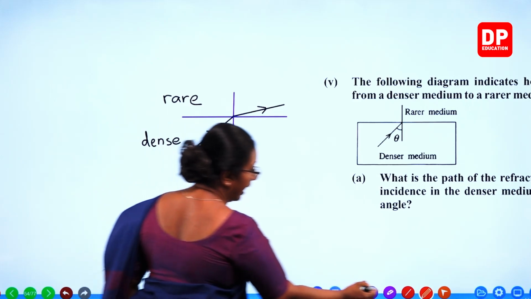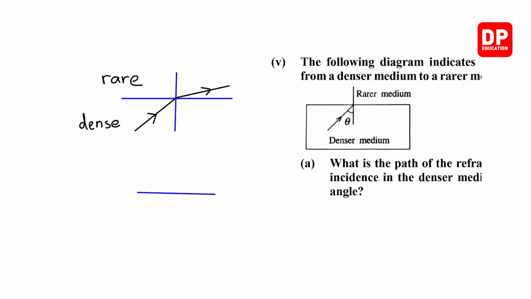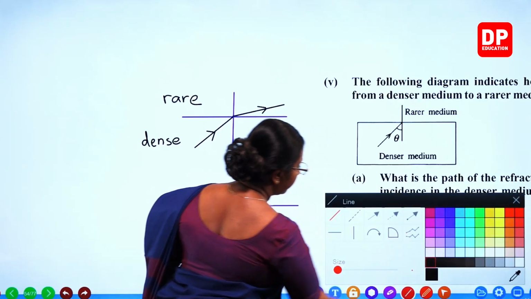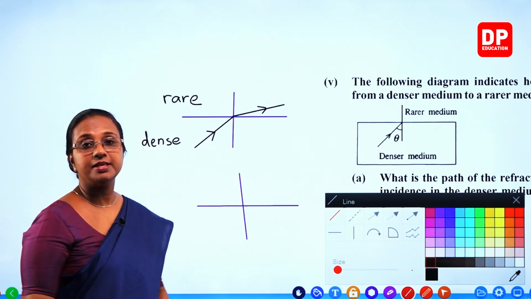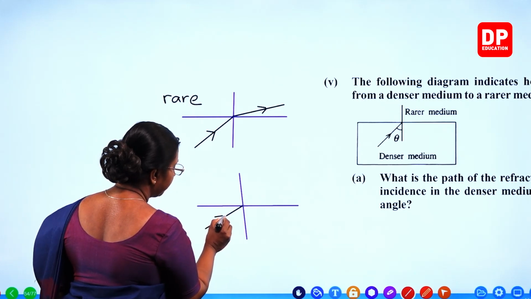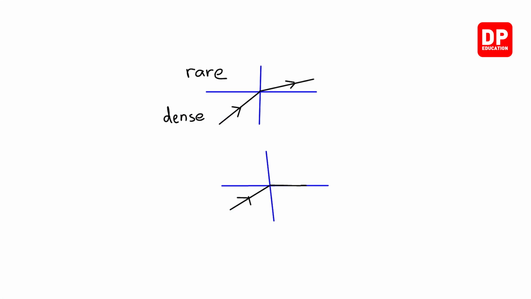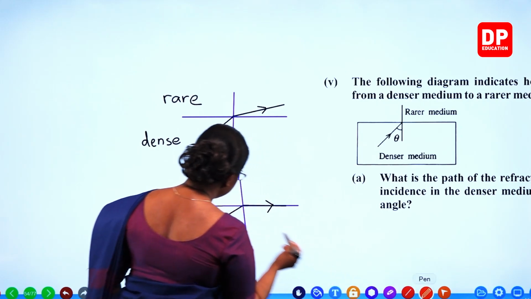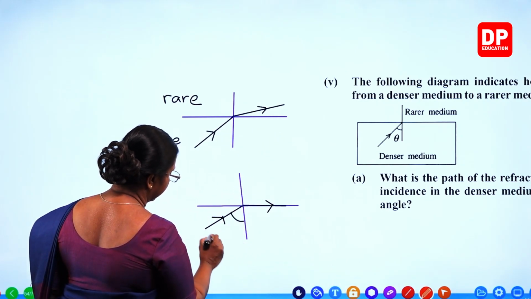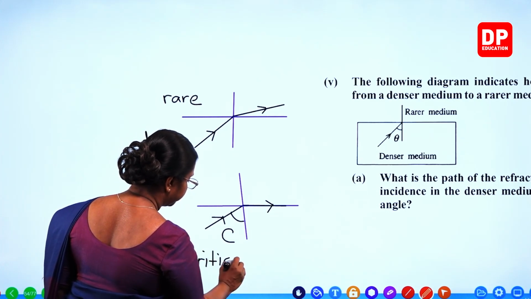And further, if we keep on increasing the angle of incidence, at one point the refracted ray will go along the interface. At this point, this particular angle is written as C, critical angle.